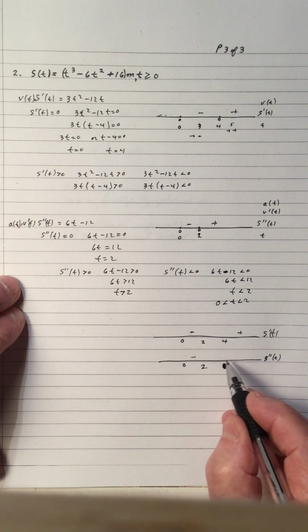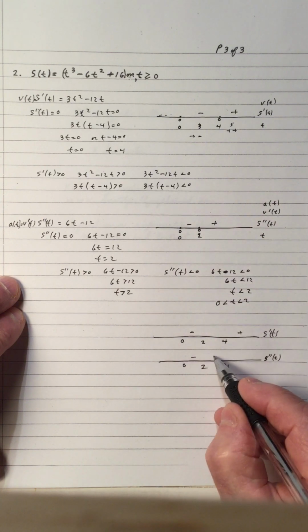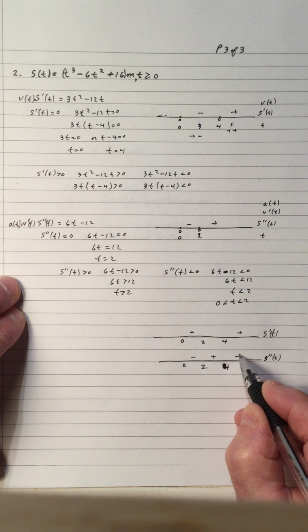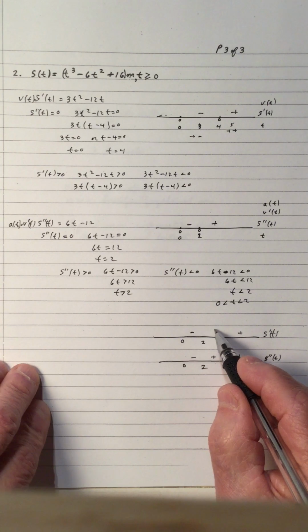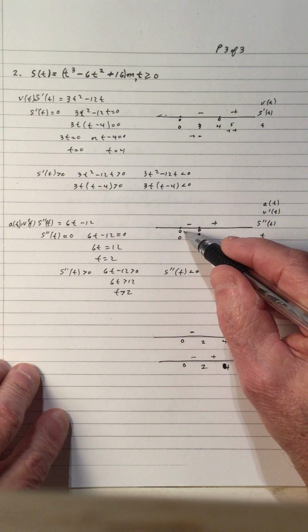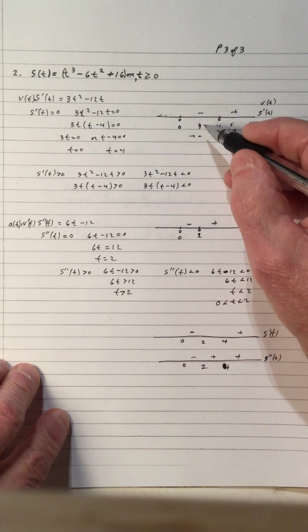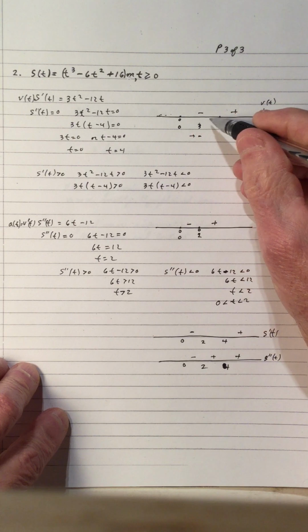So after 2, it's positive. Between 2 and 4 is positive. After 4 is positive. Oh, I got this double. I got to look at this one. Between 0 and 4 is negative.